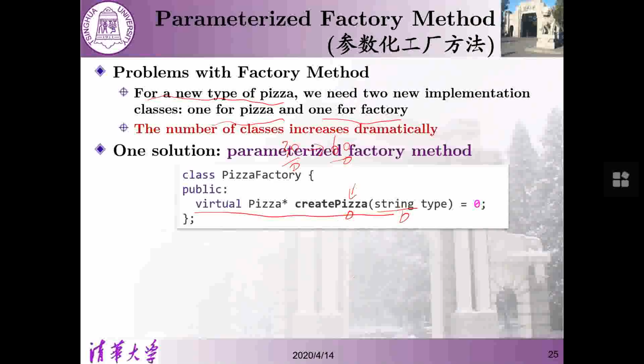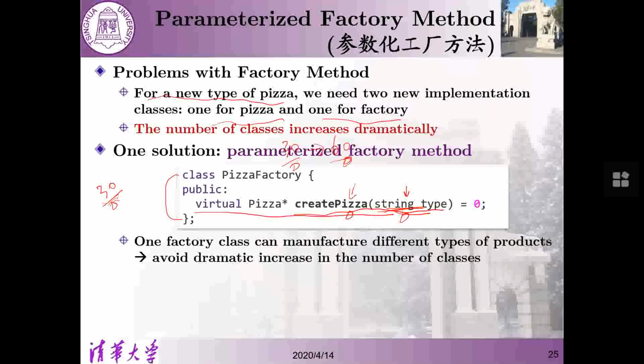Then, if in the original design we have 30 types of pizza, we can write it into this single function. In this case, we do not need 60 classes for the 30 types of pizza. We just need one factory for the 30 types of pizza.